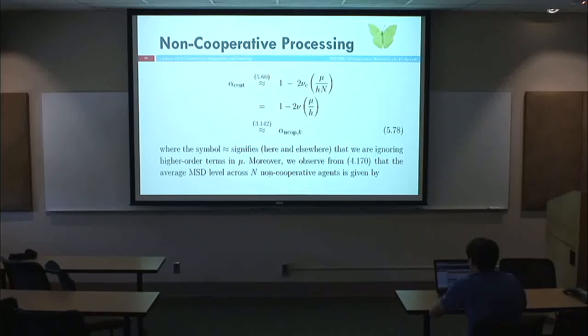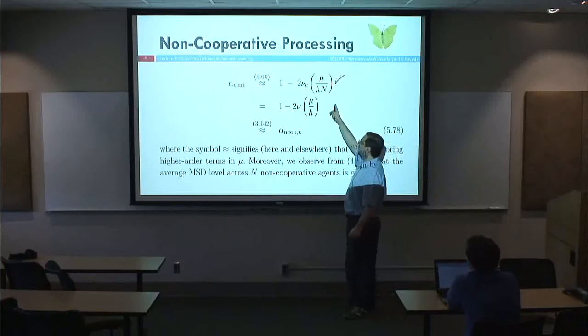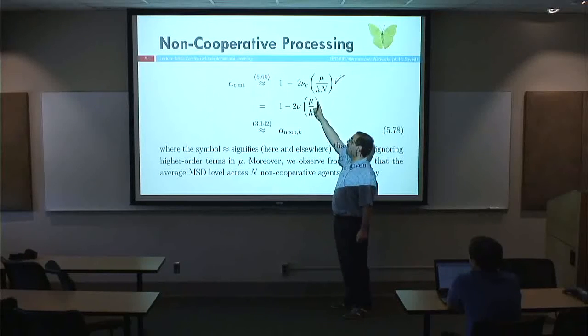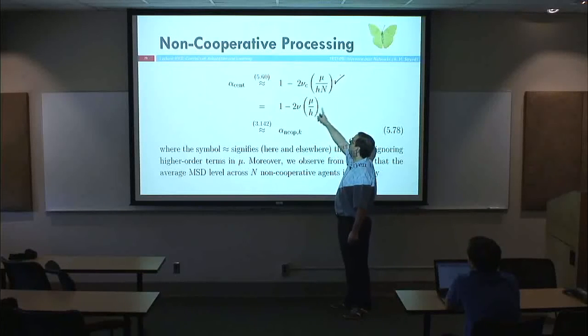So if you go back to the theorem, in the previous part of this lecture, when I derived the theorem that identifies the convergence rate for the centralized solution, it was given by this expression here. Mu over n was the step size, and nu_c was the lower bound. Since nu_c is nu times n, the n cancels out, and you end up getting the same expression as the non-cooperative solution.